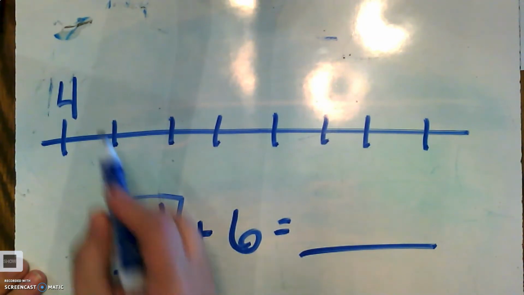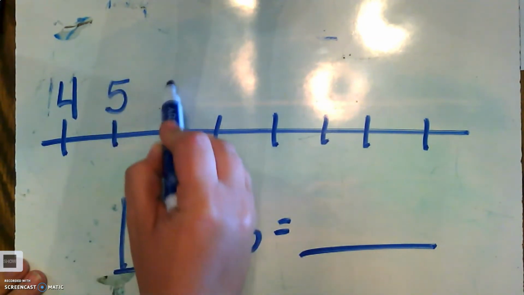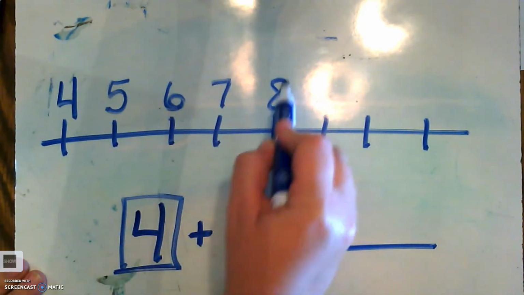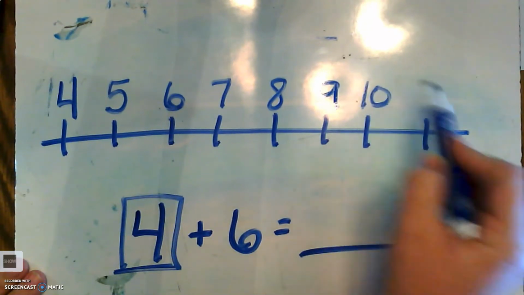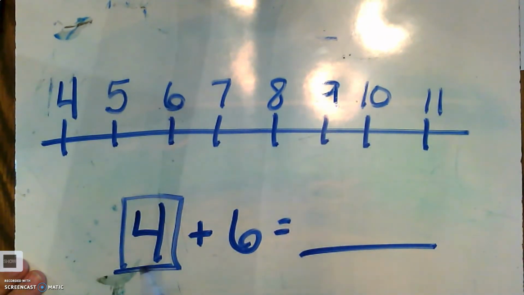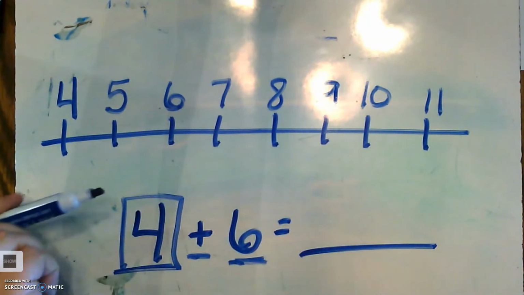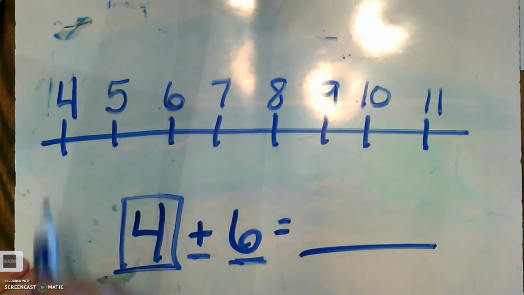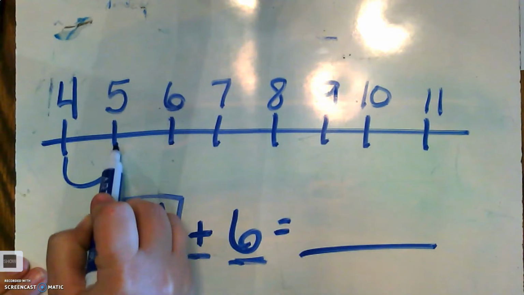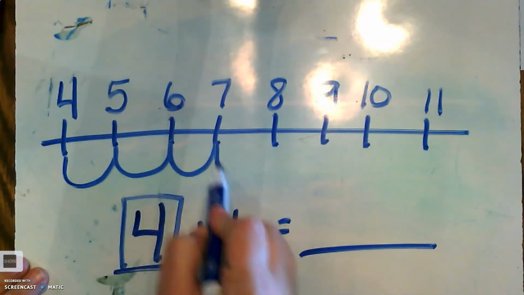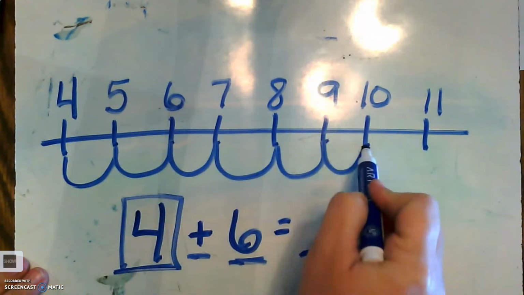And then, if I want, I can go ahead 5, 6, 7, 8, 9, 10, 11. And then let's see. I'm going to add, or I'm going to jump 6 places, and I'm going to move up the number line to the right. So here we go. Ready? 1, 2, 3, 4, 5, 6.